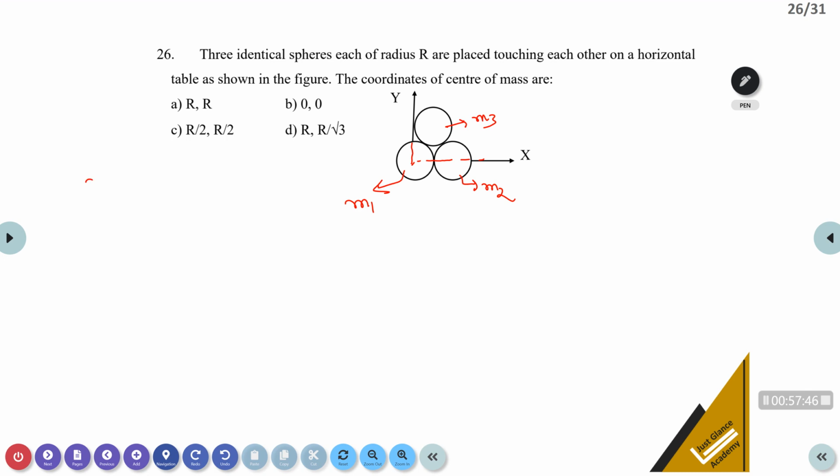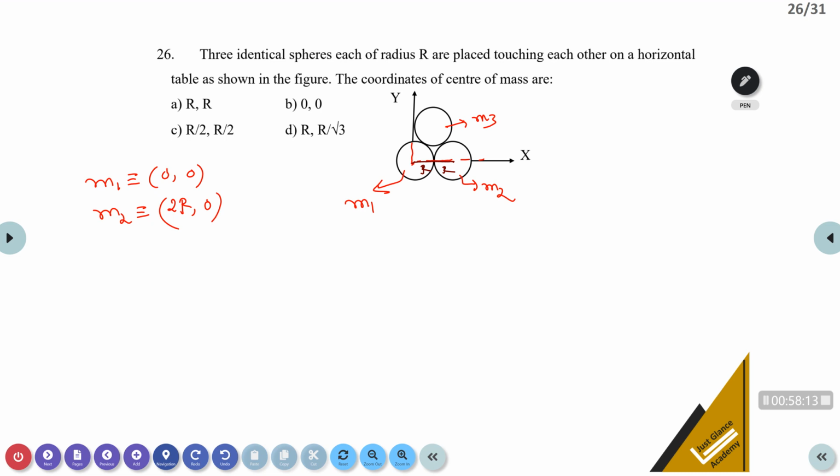Write the coordinates. M1 coordinates are 0, 0. Then M2 coordinates: for the x coordinate you are traveling from this point to this point. This is R, this is R, so it becomes 2R, comma 0.